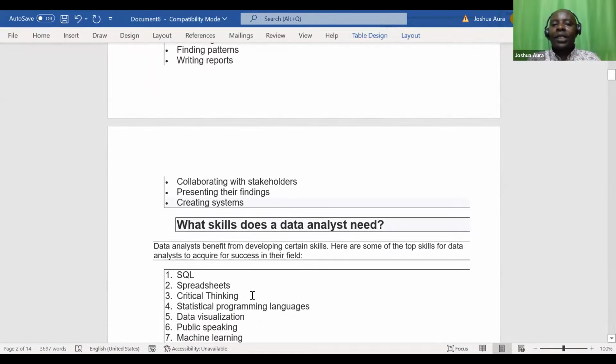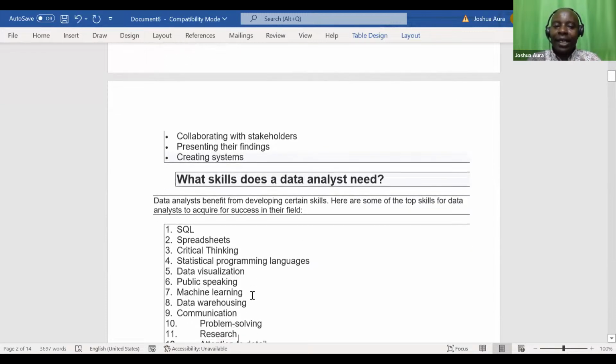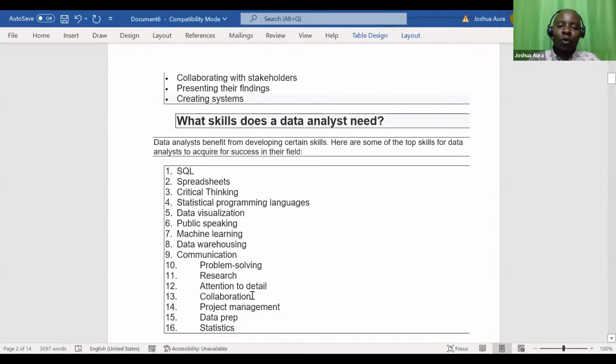So what skills do you need as a data analyst? You need to be good in what we call MySQL, very important. MySQL, spreadsheets, critical thinking. You must be a great thinker. Statistical programming languages, data visualization. You must be a good public speaker.